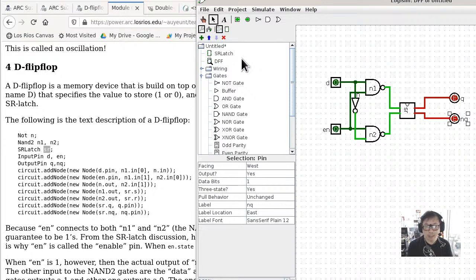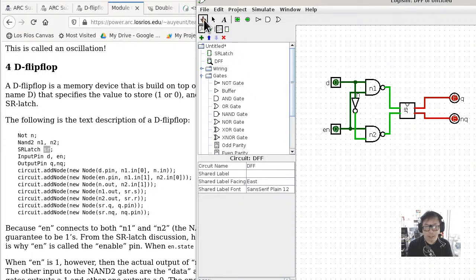Okay, so we'll analyze the circuit by looking at how the nodes are going to change. This node is going to change from a 0 to a 1. It will have no change to N1 because N1 has the first input coming from D, which is still going to be a 0. So N1 is still going to output a 1. However, N2 is going to change because the second input of N2 is a 1 because D is a 0.